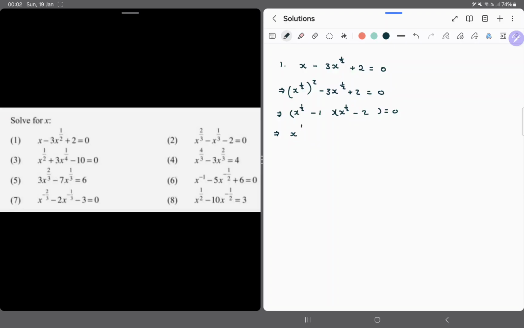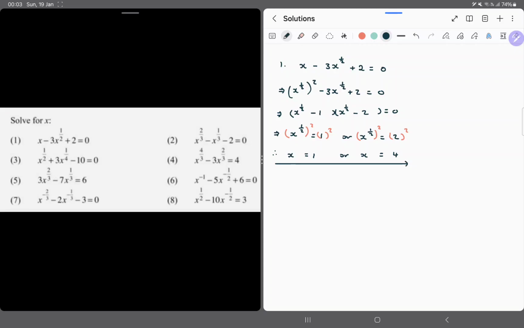This implies that x to the half is equal to 1, or x to the half is 2. So to solve here, we just square so that we can get rid of this. Therefore x is 1, or x is 4. All right, so these are the solutions.